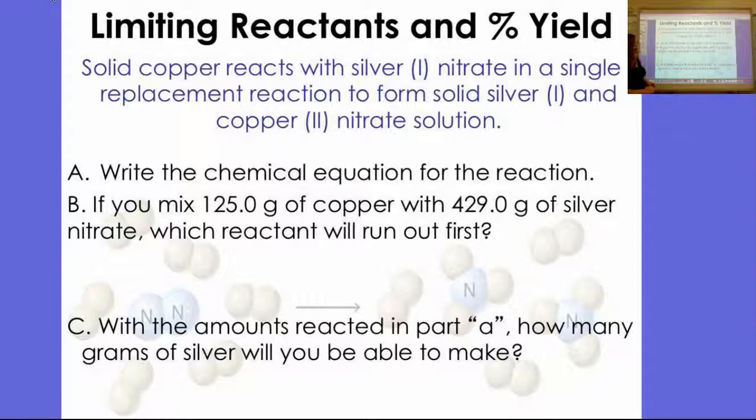So, same thing. Solid copper reacts with silver 1 nitrate in a single replacement reaction to form solid silver and copper nitrate solution. Part A, exactly the same. Write a balanced equation.